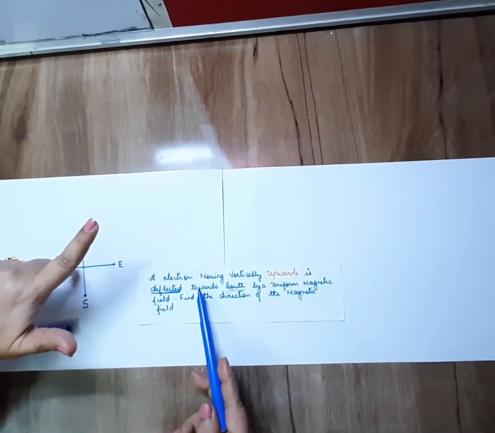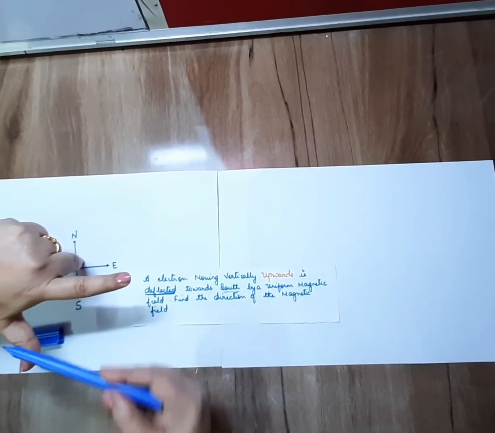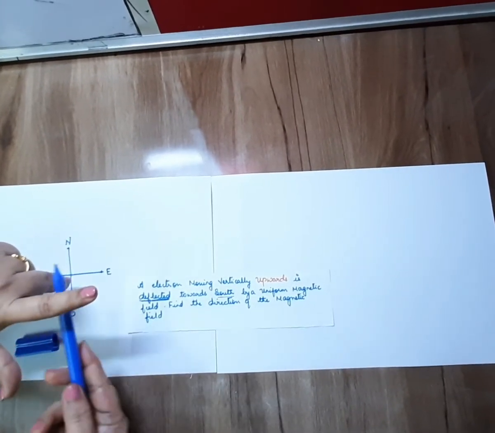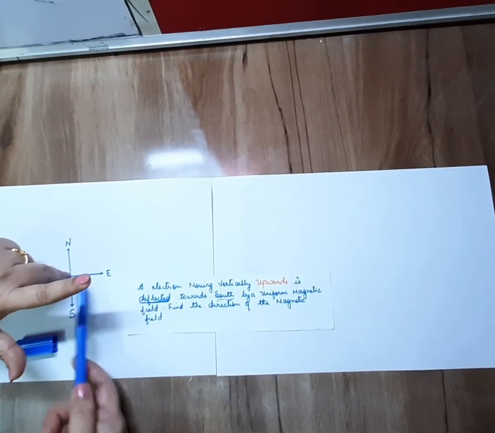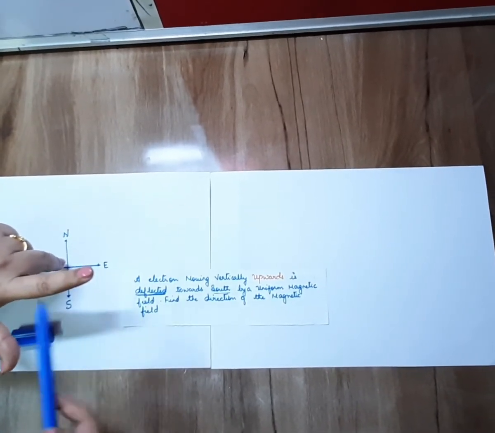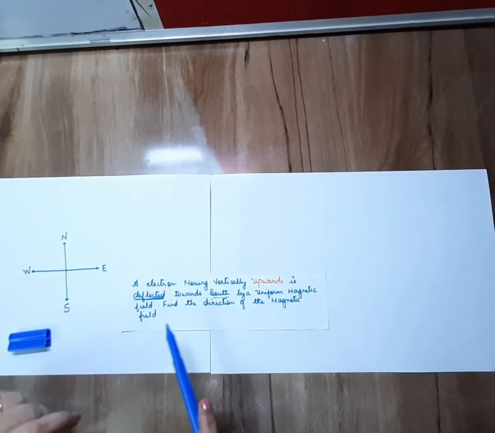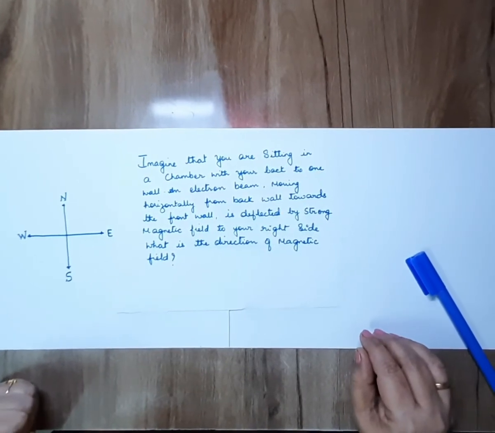And here towards the south, deflected towards south, so I'll tilt this way. So force experienced is towards south and current downward. Magnetic field will be towards east. So the direction of magnetic field here will be towards east.